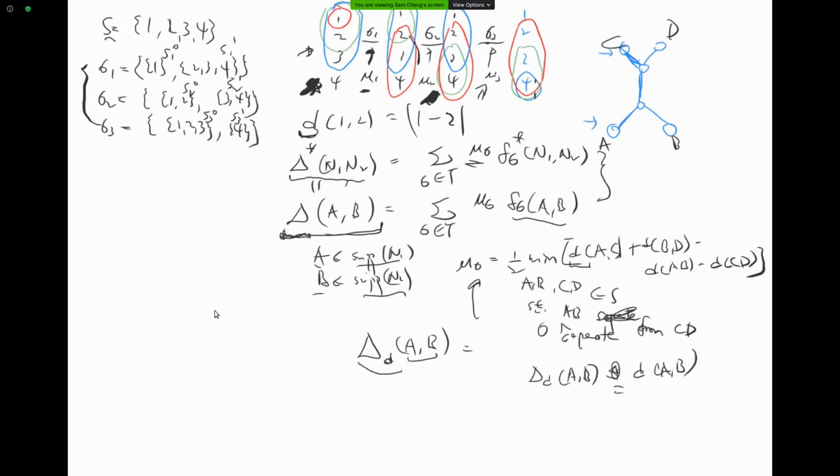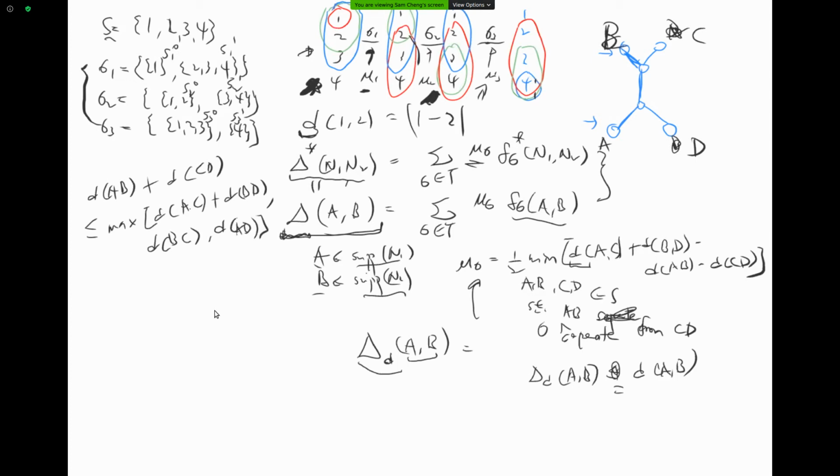The 4-point condition is saying that my distance AB plus distance CD will be less than or equal to the maximum of D(A,C) plus D(B,D), D(B,C) plus D(A,D). So this is known as the 4-point condition.